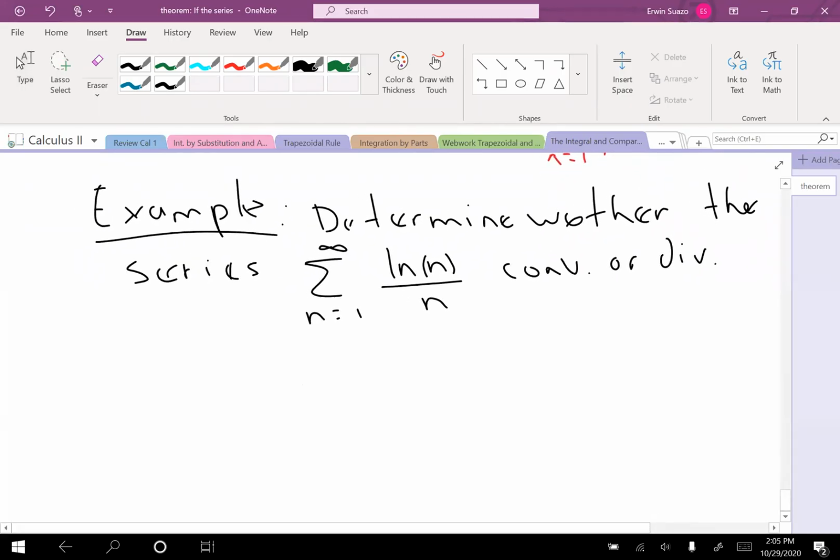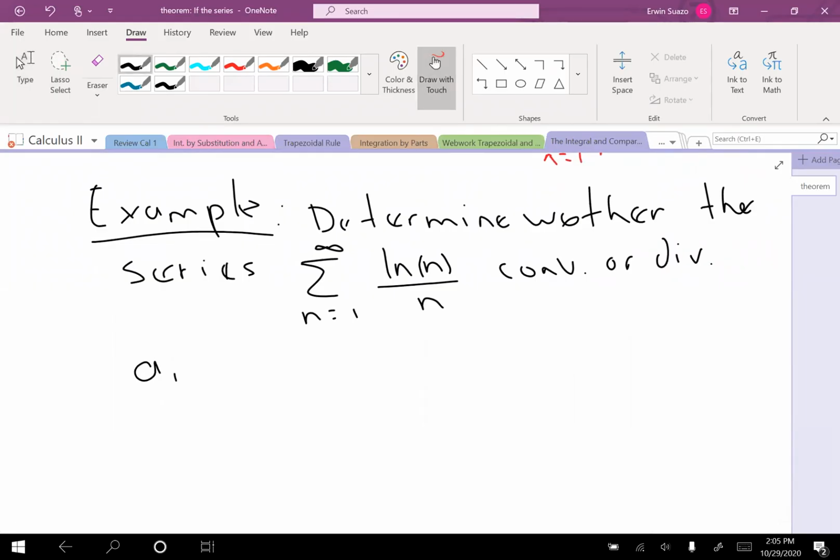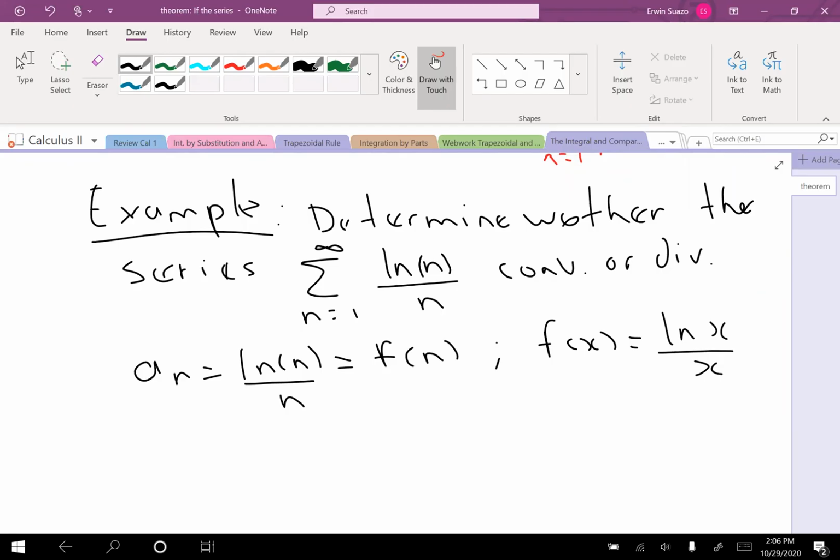So a_n equals ln of n over n, that is our f of n. So I ask you guys, what is f of x? ln x over x. Correct, ln of x over x.